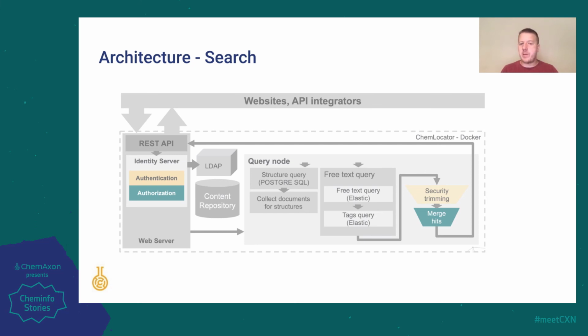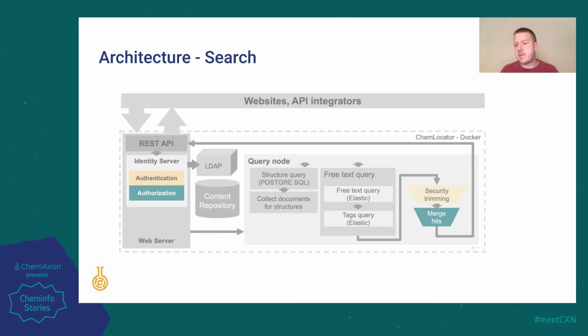They will do the chemical search in our PostgreSQL database, collect the documents. In parallel, we run the free text search in the Elastic environment, and then when we have the hits, then we also do security trimming if it is needed. It can be switched off, but if it is needed, then we will always detect whether a user has access to the documents in the hit list or not.